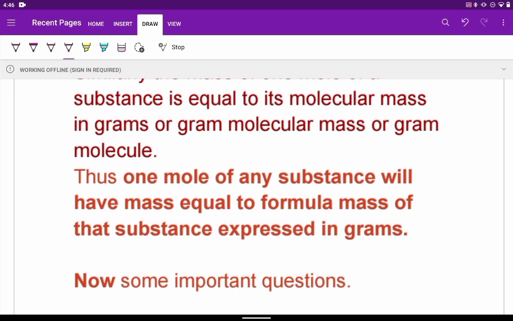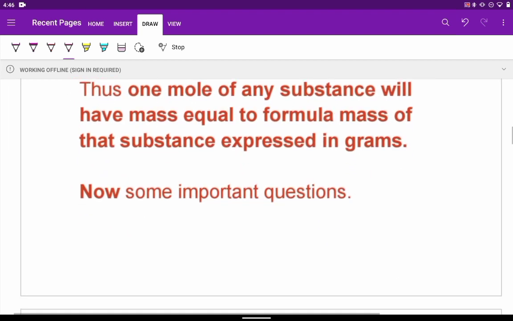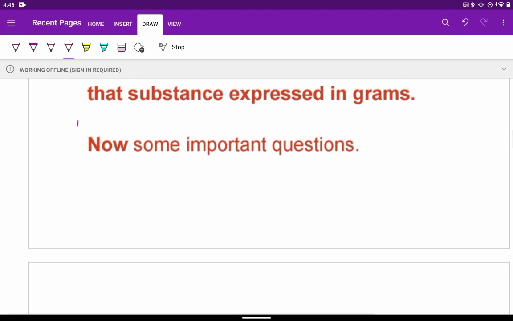So as I told, in case of aluminium, I am writing here, you see. Atomic mass of aluminium is 27 atomic mass units, AMU.